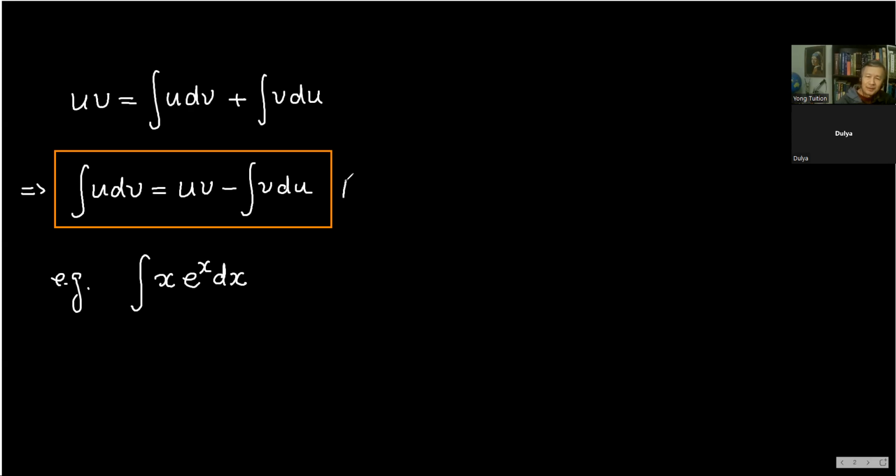This is the integration by parts formula here. By parts means we divide the integration into several different parts, part by part. Okay, can we call the integral I?